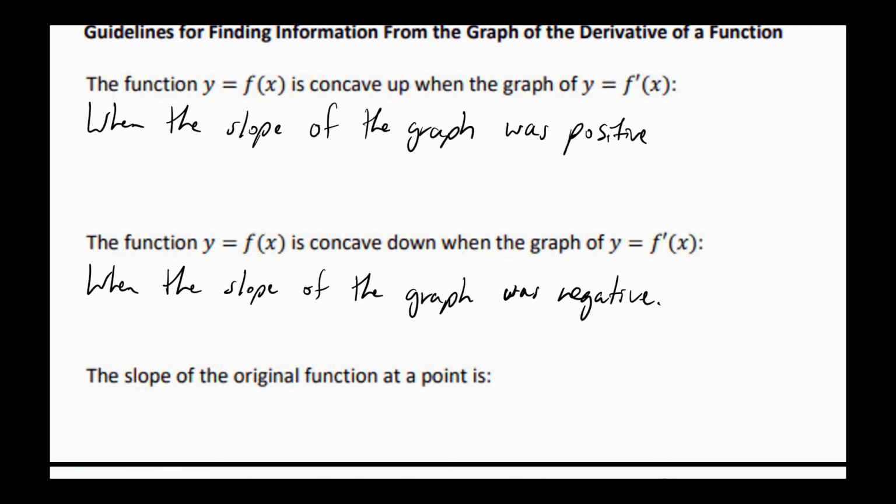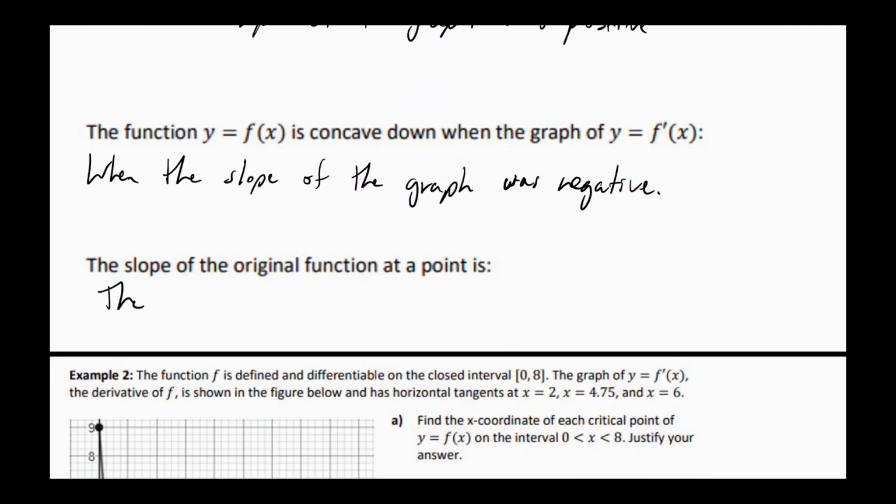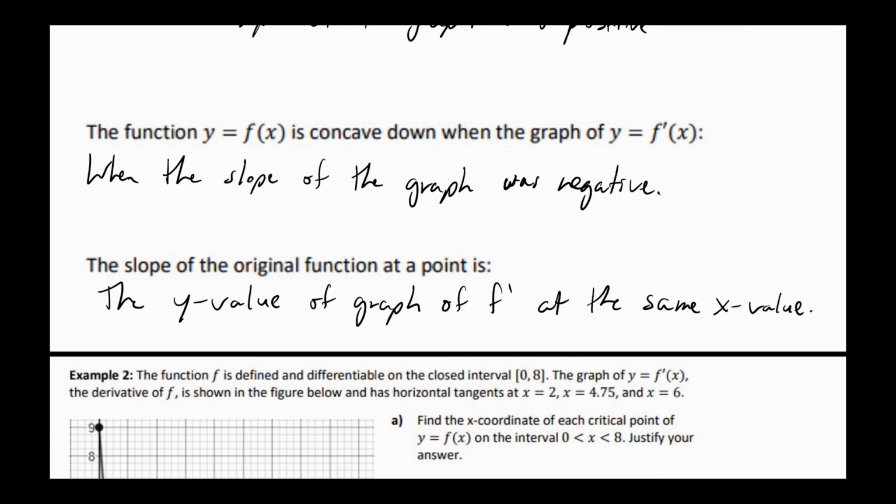You look at the y value of the graph of f prime at the same x value. So the x value was -2. So what was the y value at -2? -2. There's my slope.